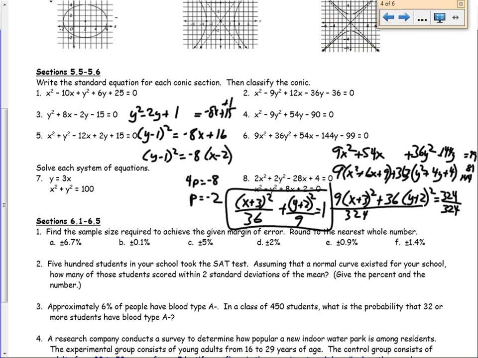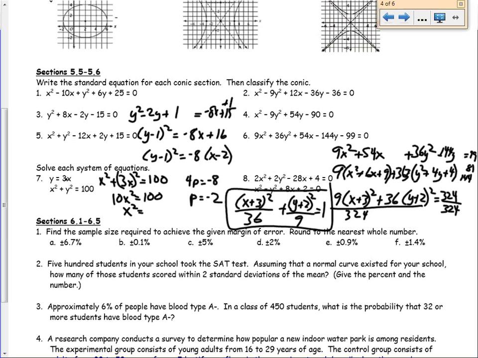Yep. Y equals 3x. What is y squared? If y equals 3x, what is y squared? Come on. No, squared. So I'll put 3x right there. So x squared plus 3x squared equals 100. 9, 10, x squared equals 100.